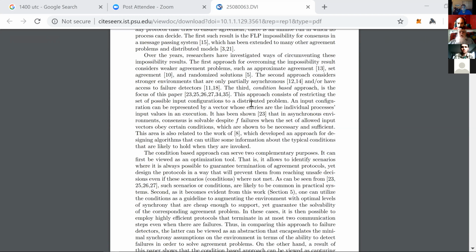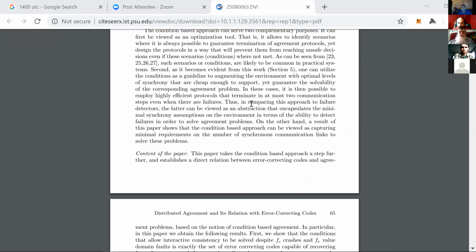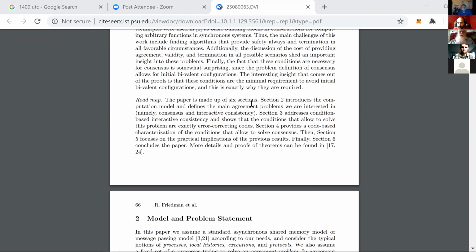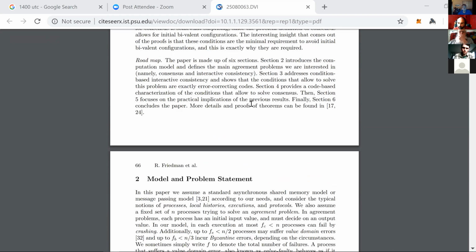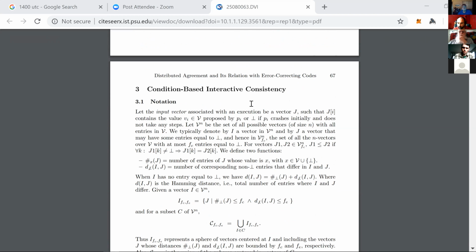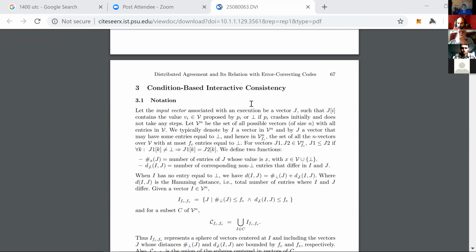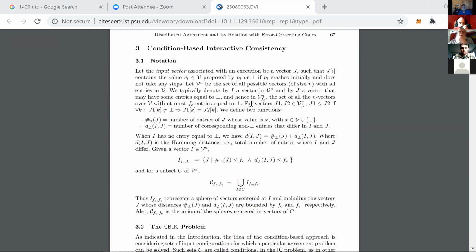Yeah. Now, they say in the introduction, Byzantine and value domain faults correspond to corruption errors, which I guess is pretty intuitive.